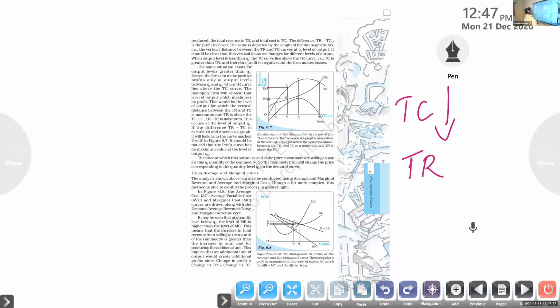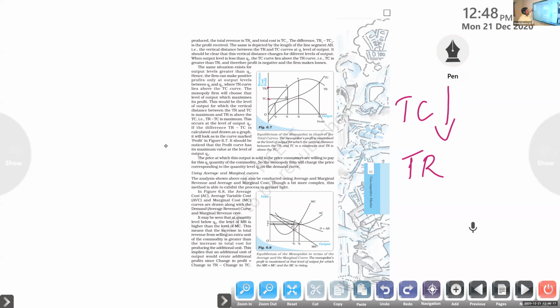The difference is TR1 minus TC1. That is the profit. Total revenue minus total cost is the profit.